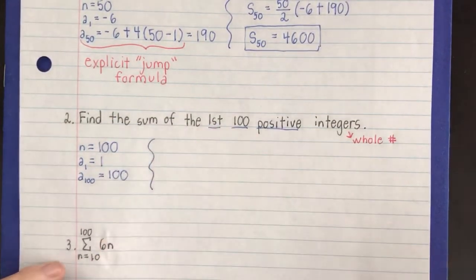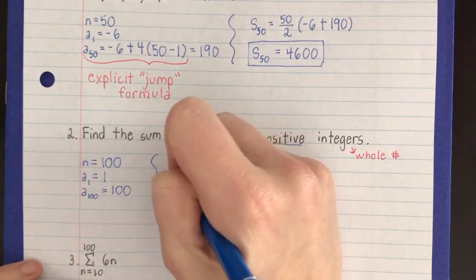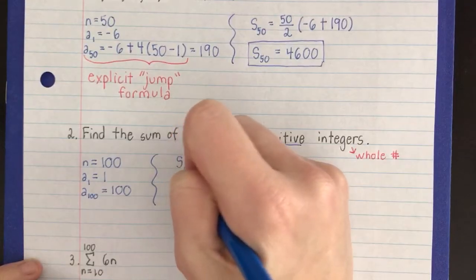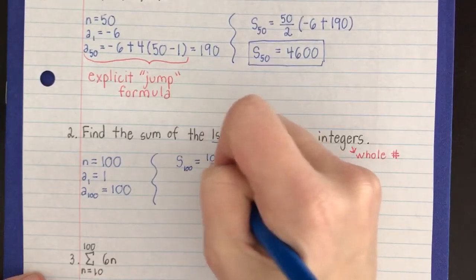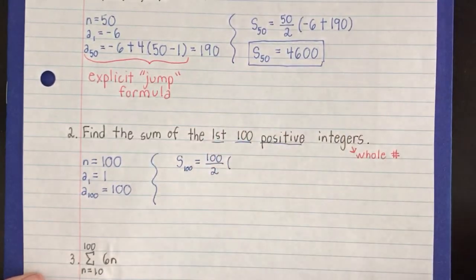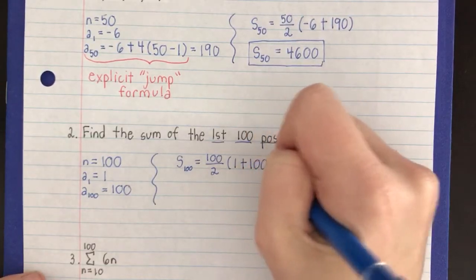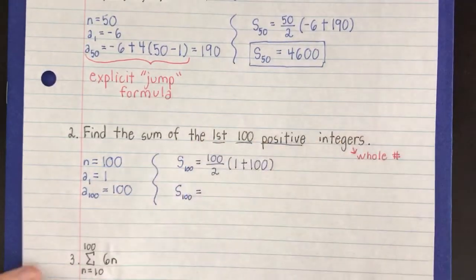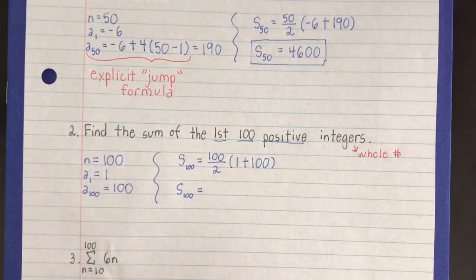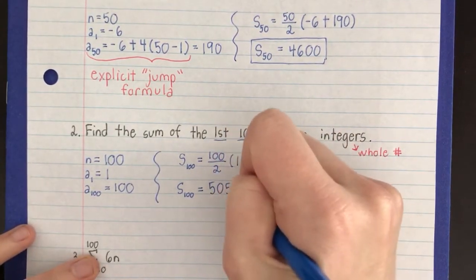And then plugging into our formula, you would get S sub 100 should equal 100 terms divided by 2 times the quantity 1 plus 100. So work that out. You get the sum of the first 100 integers, 1 plus 2 plus 3 plus 4 plus 5, all the way up to 100, is equal to 5,050.